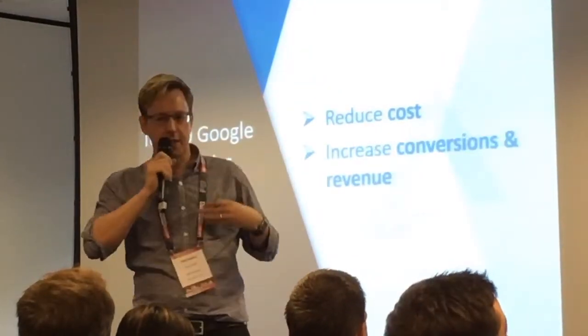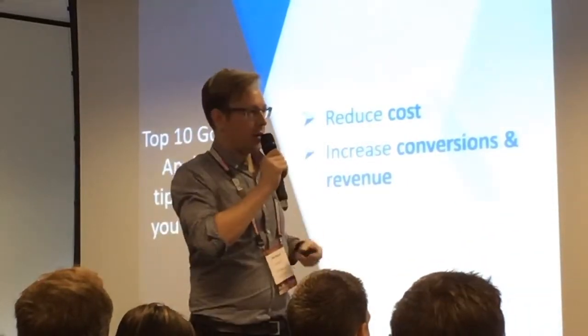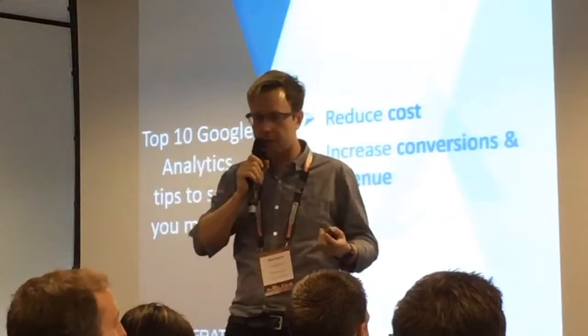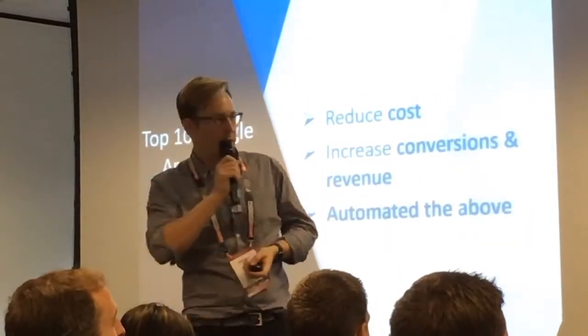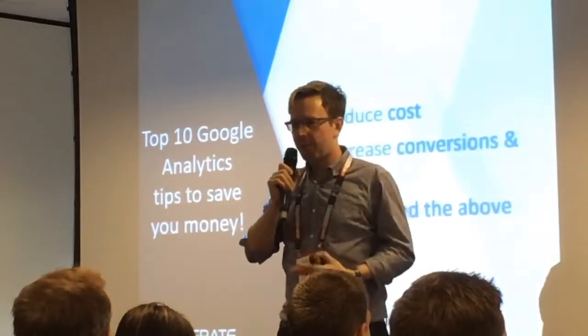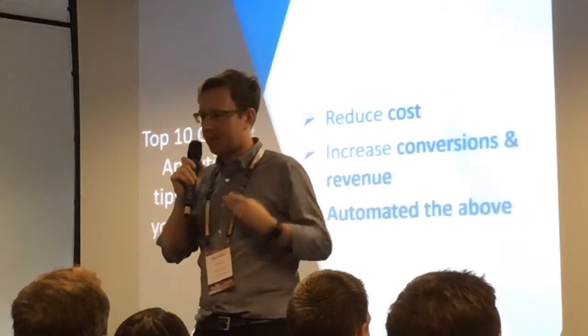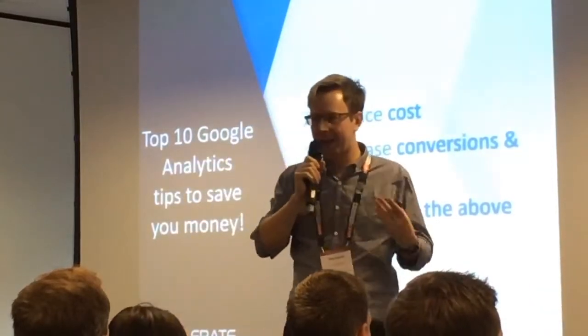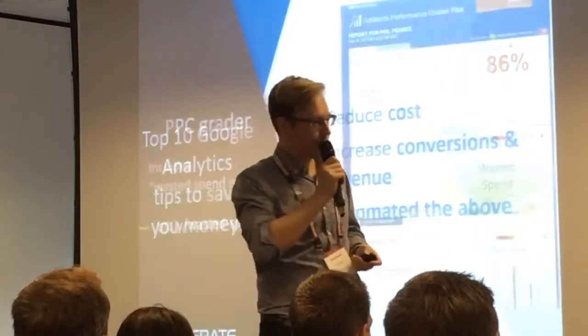Or it's going to be increasing your revenue, so making more money from what you're currently getting, or improving your conversion rate. Or it's going to be automating or improving the above 2. It's the obvious thing you want to do as analysts: make more money and spend less to achieve it, and then automate it to do it faster, quicker, better.